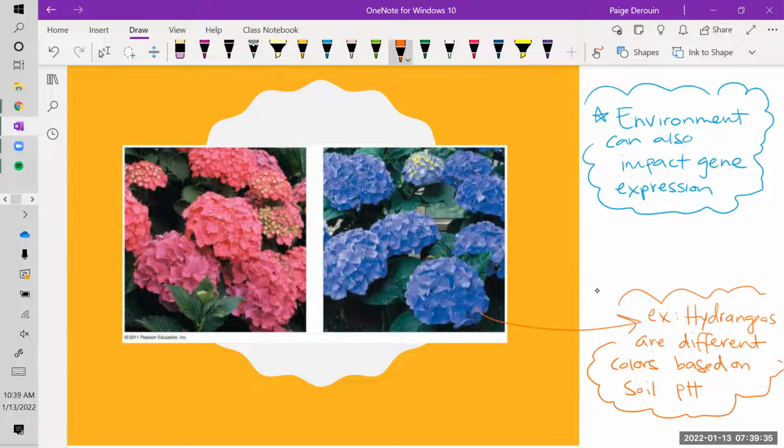My mom has hydrangeas, they're blue like this. But if we go to the beach, the hydrangeas are more purpley or even pink. And it's related to the soil and not related to the traits that they have, which is kind of cool. So environment can cause different genes to turn on or off. It's not always just that you get what you get. Kind of cool. Okay.